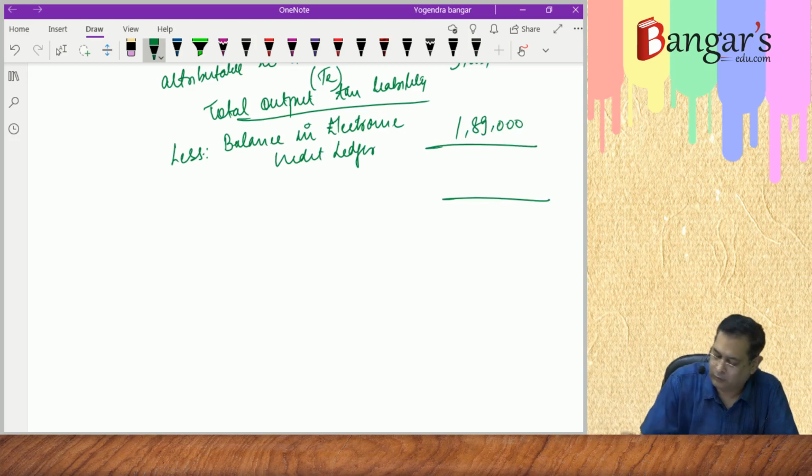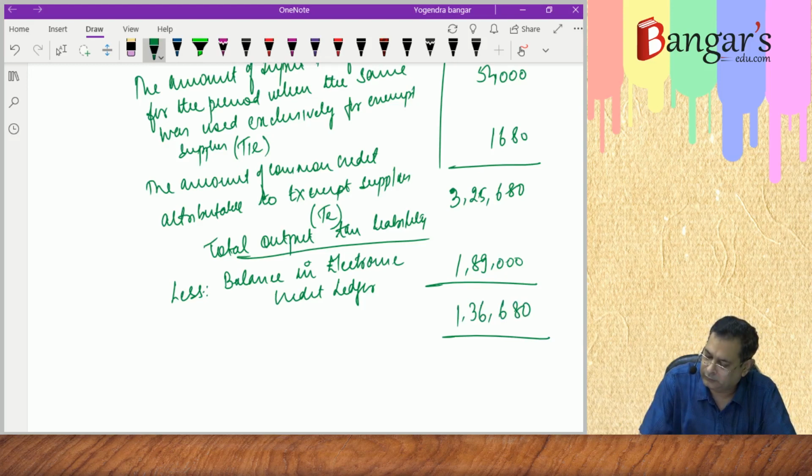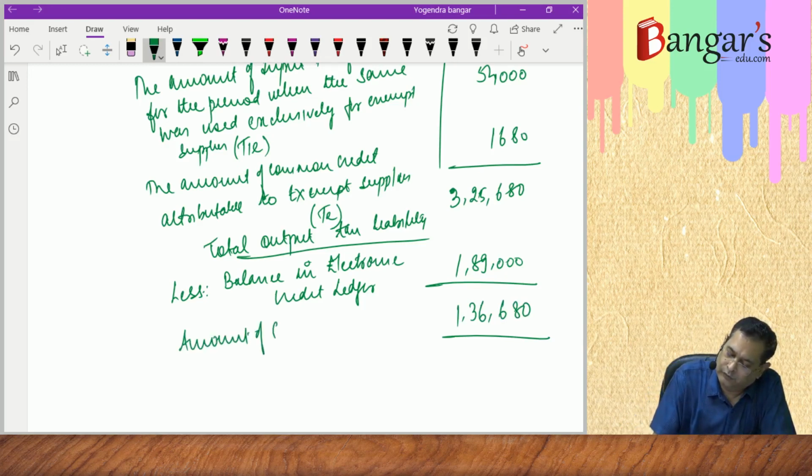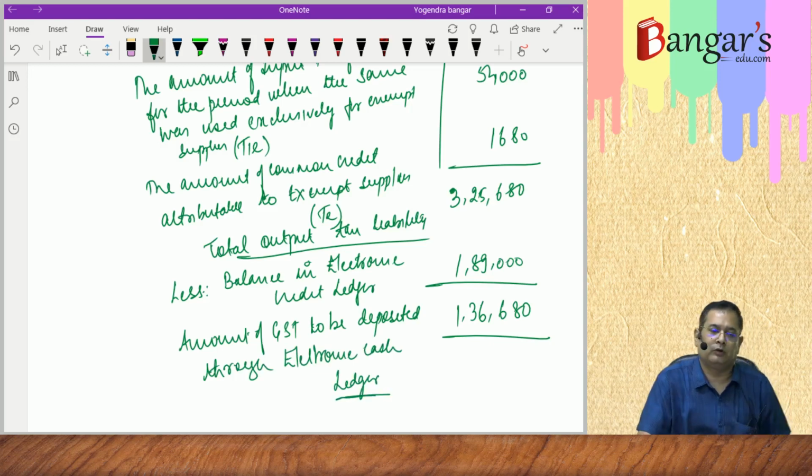So it works out to be 3,25,680 minus 1,89,000, that is 1,36,680. This is the amount of GST to be deposited through the electronic cash ledger.